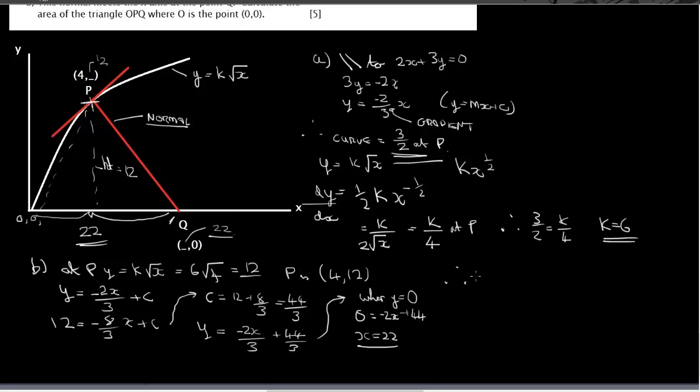So the area of the triangle is half times 12 times 22, half base times height, which gives us 132 square units.